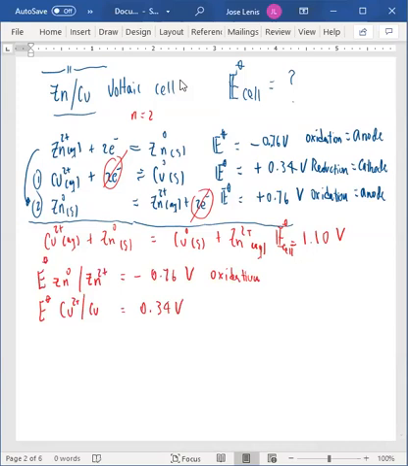And copper from 2+ to copper 0, that's reduction. So that's how you will represent the process. But remember, once you identify your two electrodes, find the values on the standard electropotential table, and the most negative is the one that is going to do oxidation, and you need to reverse that equation.